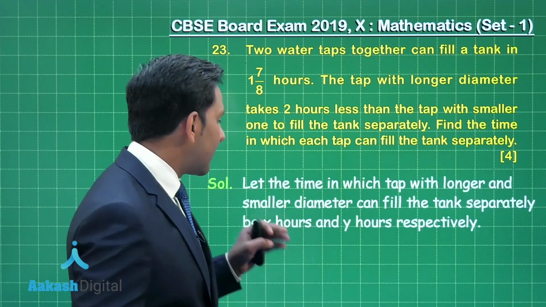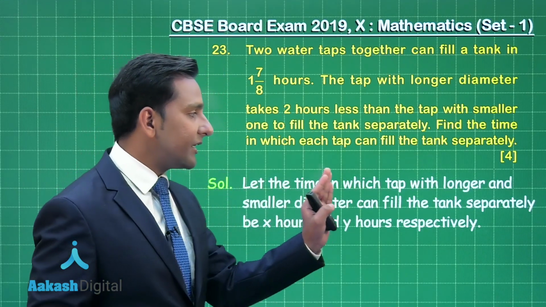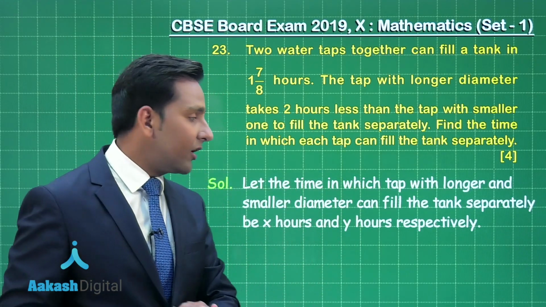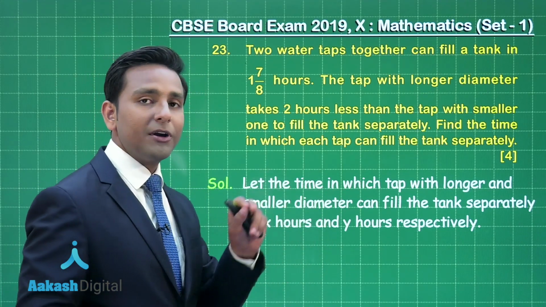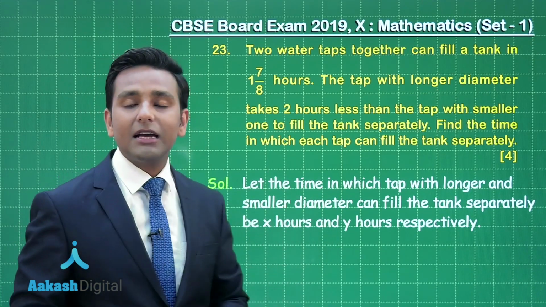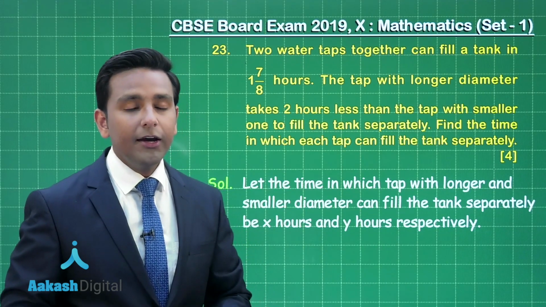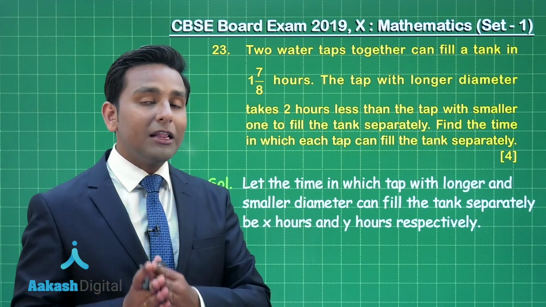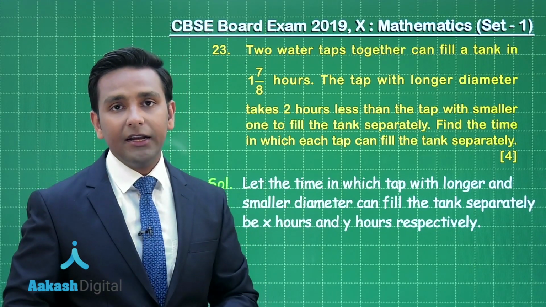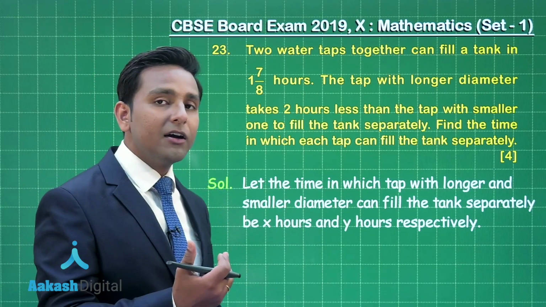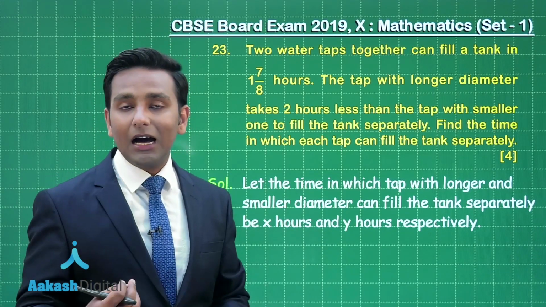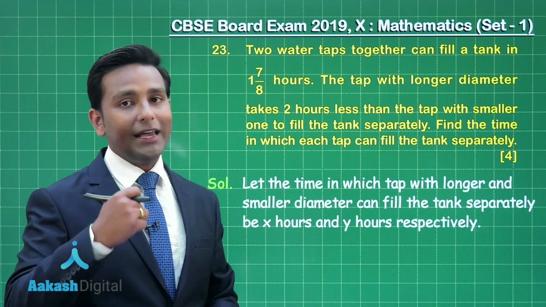First of all, we are assuming let the time in which the tap with longer and smaller diameter can fill the tank separately be x hours and y hours respectively. Friends, if a tap can fill the tank in x hours completely, then the part of the tank filled by the tap in 1 hour will be 1/x.